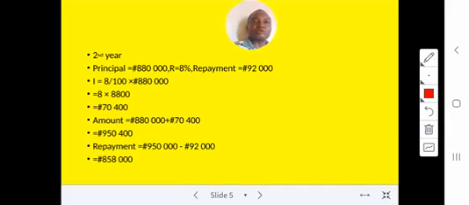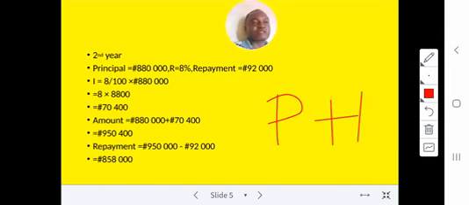As usual, you calculate the interest, which is 8 over 100 times 880,000 naira. 880,000 divided by 100 is 8,800, then times the 8 gives you 70,400 naira.